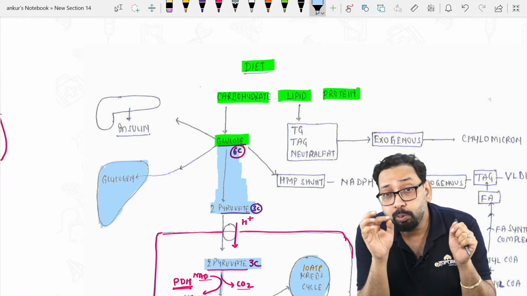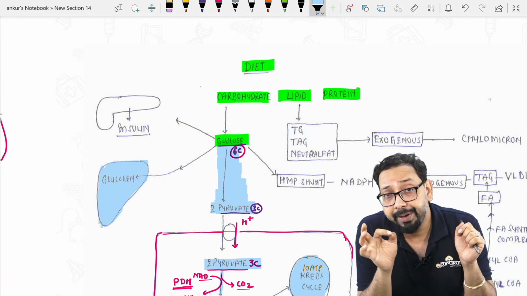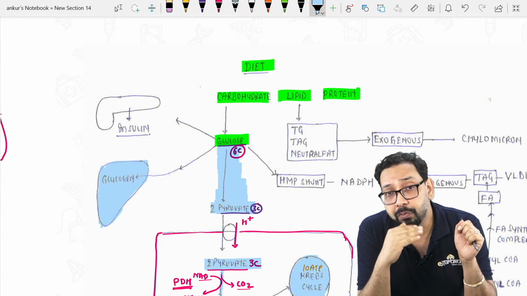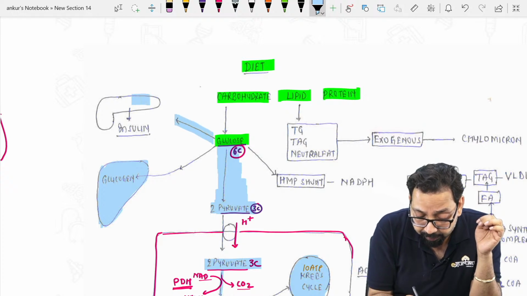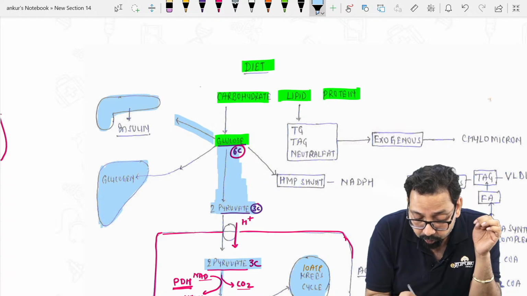So when you took diet, glucose in diet, carbohydrate in diet, it is absorbed in blood. In blood, when glucose increases, this glucose goes to the pancreas. And in response to glucose, the pancreas releases insulin.